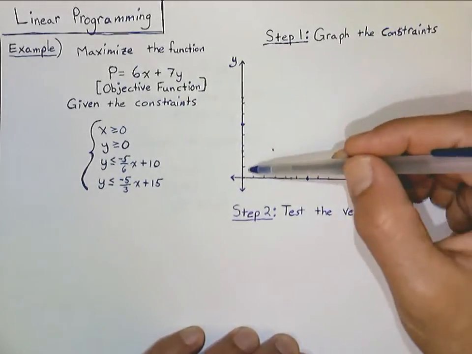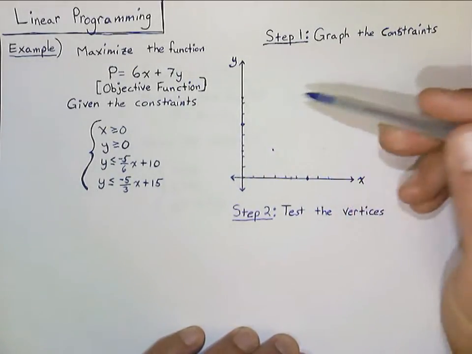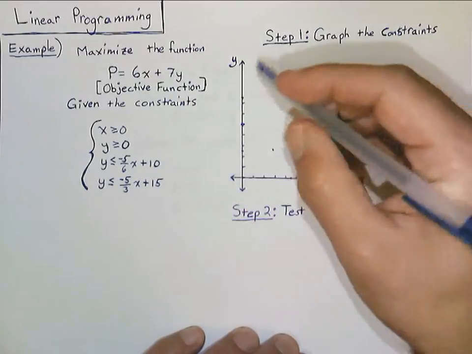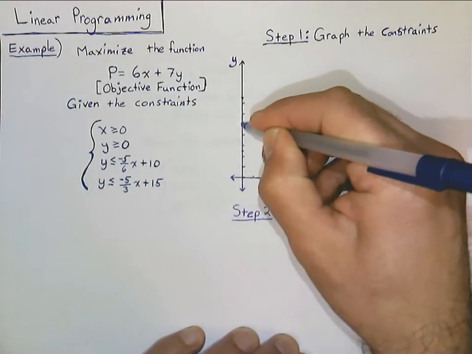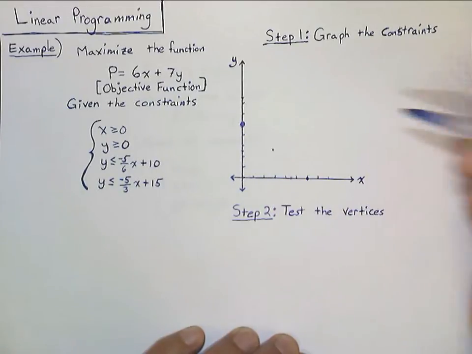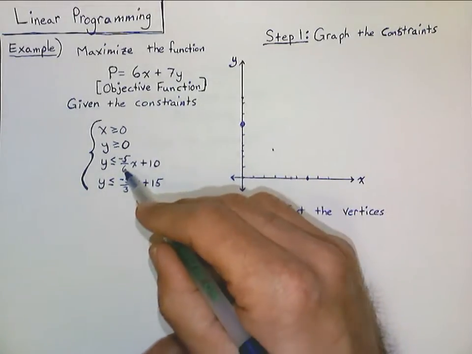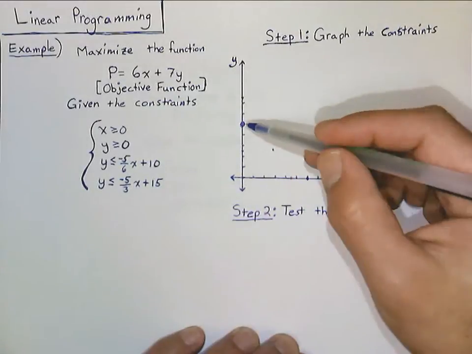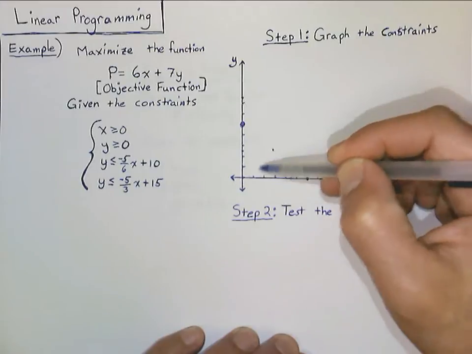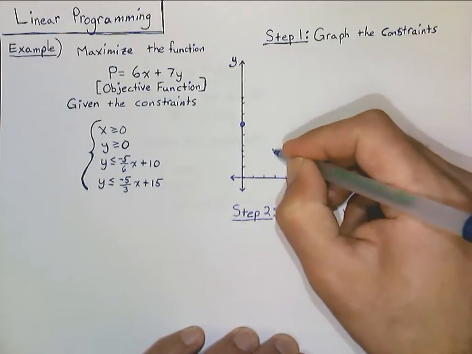If I go by a scale of 2 here I have a y-intercept of 10. I put that right here. 2, 4, 6, 8, 10. Then I follow my slope of negative 5/6. So go down 2, 4, 5, and then run to the right 2, 4, 6.